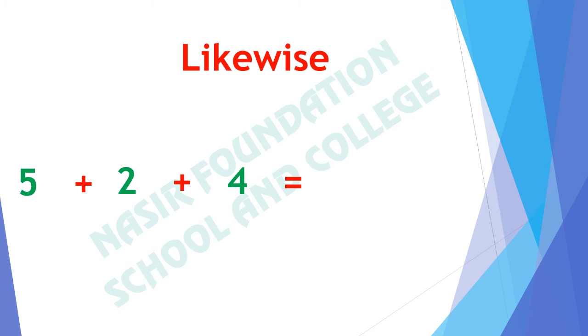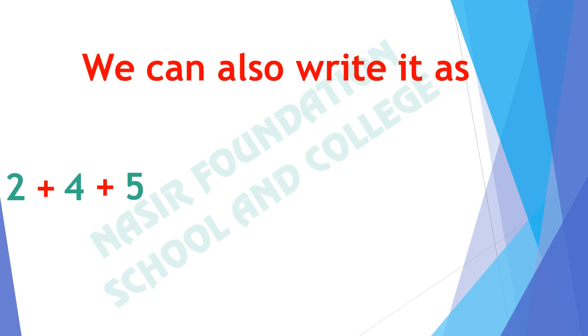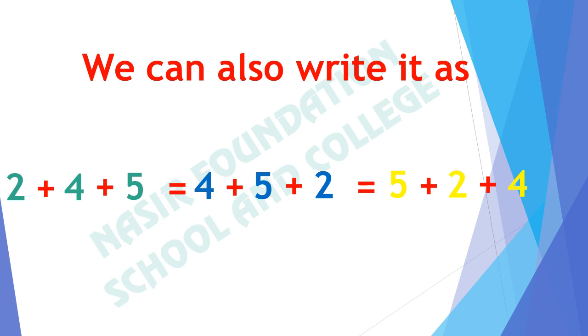It means if we add 5, 2 and 4, it makes 11. If we add 2, 4 and 5, it makes 11. That is equal to, if we add 4, 5 and 2, it also gives us 11. And it is equal to, if we add 5, 2 and 4. So this is the commutative property.